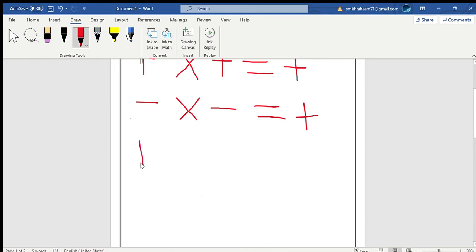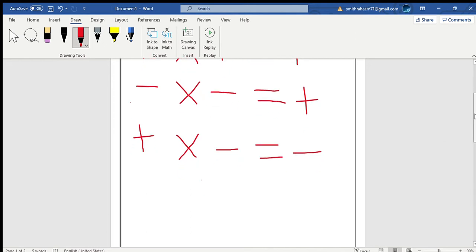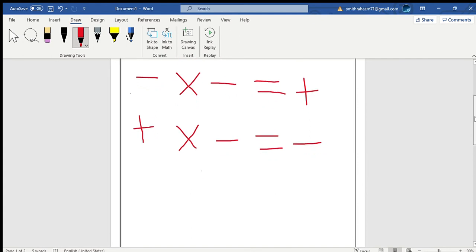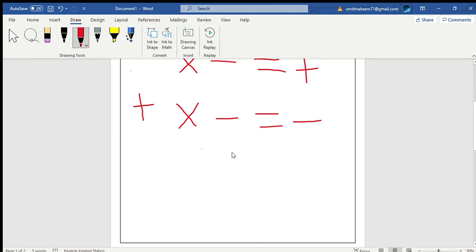So we're going to have a positive multiplied by a negative. Your answer will be a negative. So positive multiplied by a negative, your answer will equal a negative.